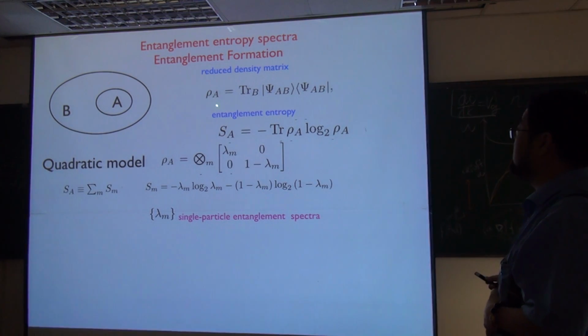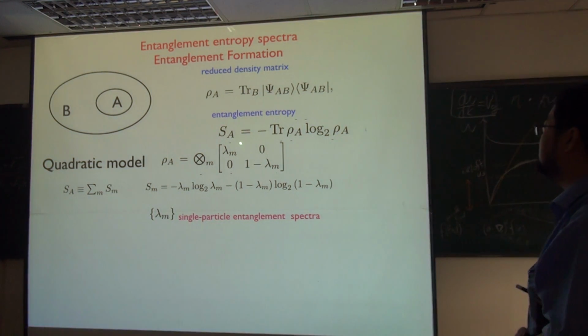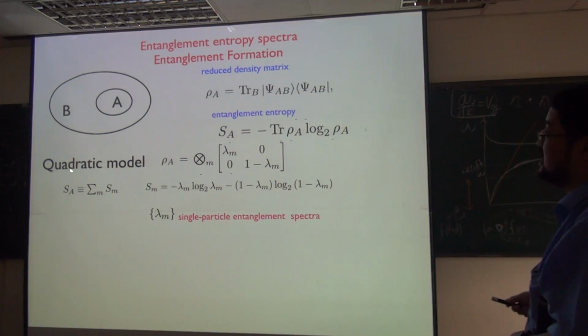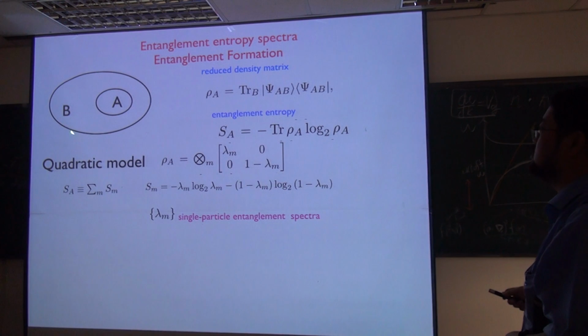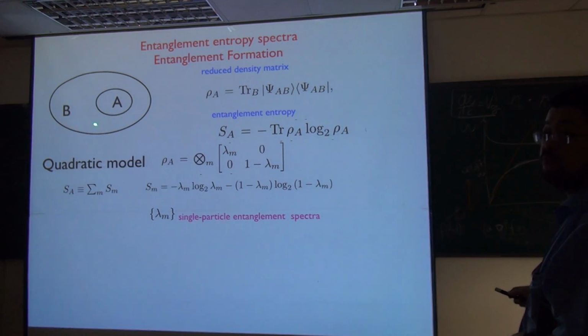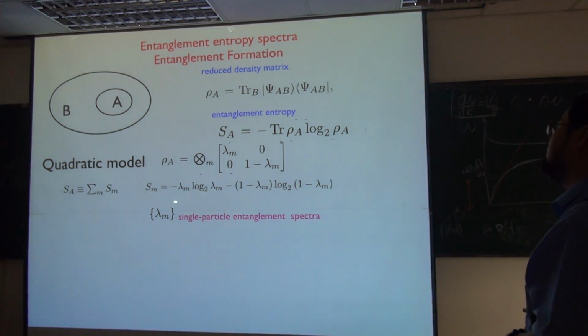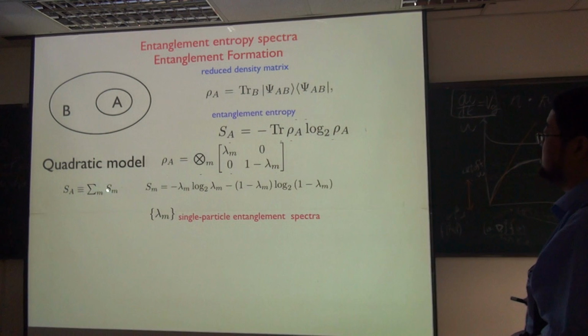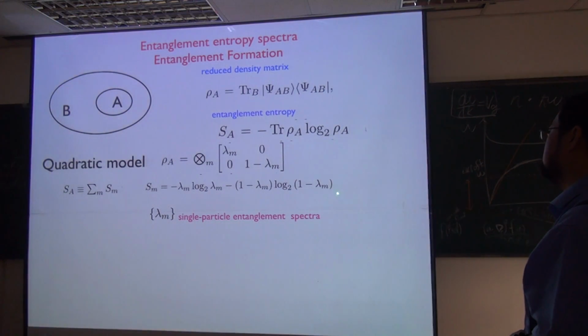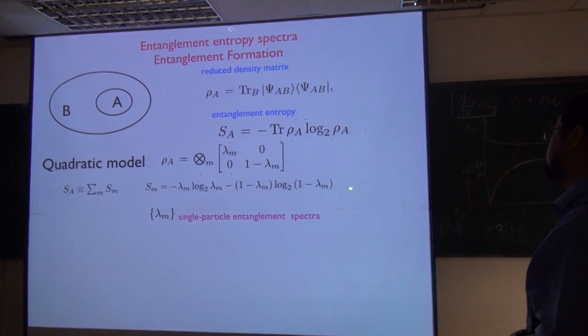Then the reduced entanglement can be separated into different modes, and you can do that because it's quadratic. For a quadratic model, you integrate out using a Gaussian integral, and then you still have a quadratic form for A. So the entanglement entropy is eventually a sum over the entanglement entropy of different modes.